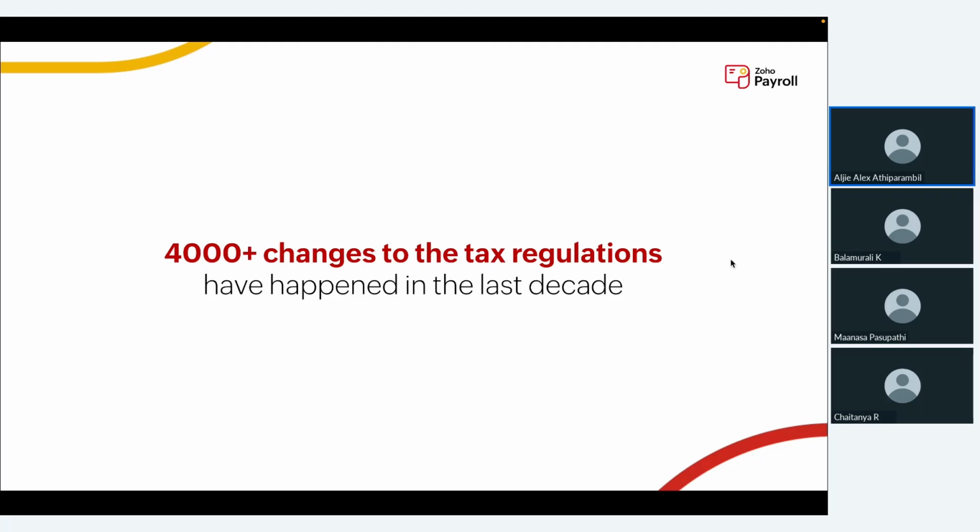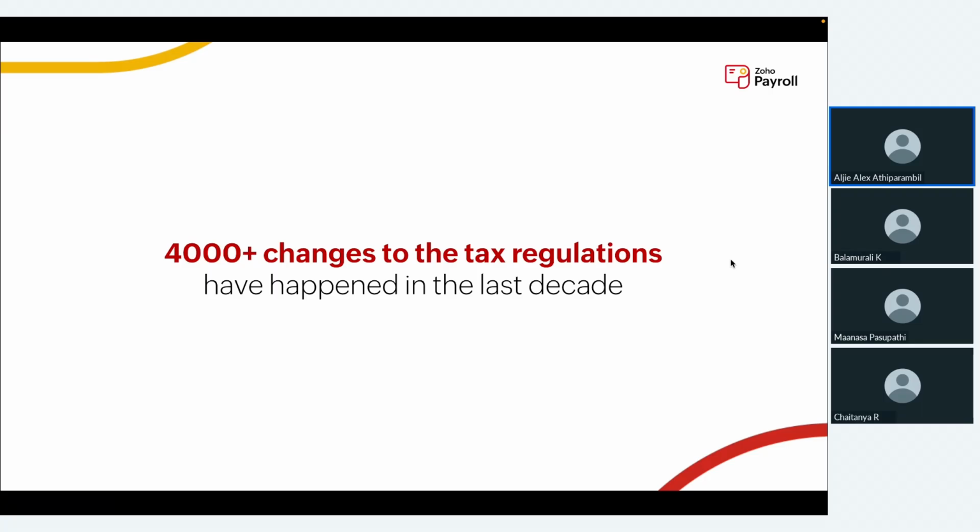That includes federal, state, and local combined. These changes impact payroll directly or indirectly, whether it's tax filing, deduction rules, or reporting requirements. This is why payroll cannot be treated as a background task. It's a live, evolving function that demands constant attention.